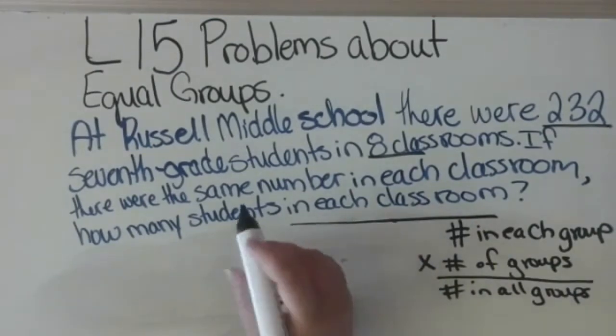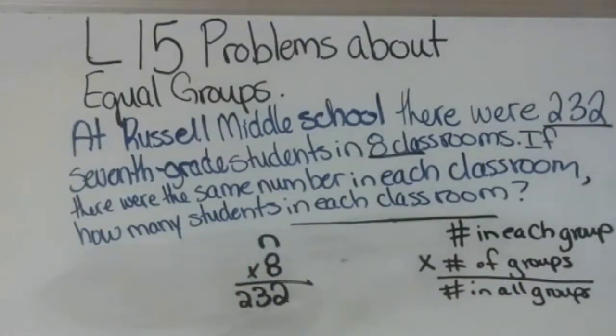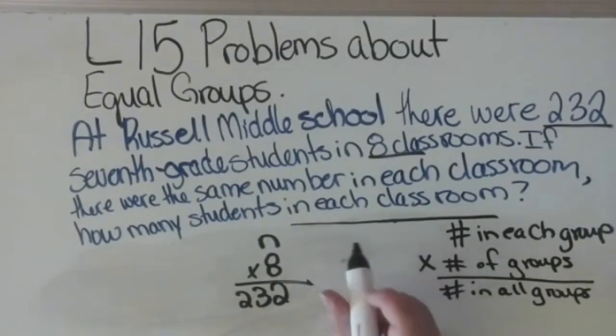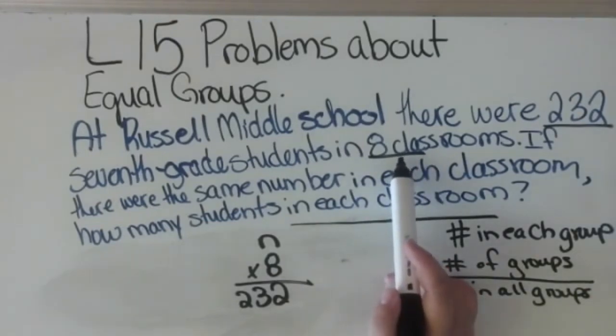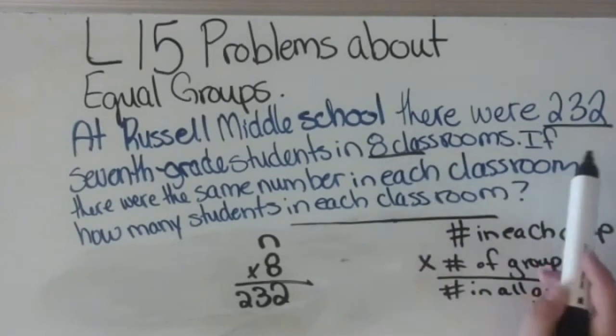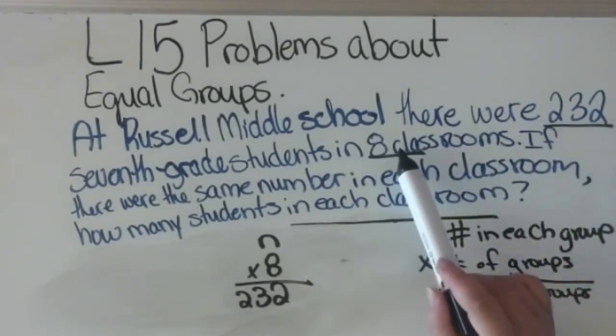What I don't have is this top number, the number in each group. Okay, I don't have n. So as I said before, I noticed right away it was a division problem because I have 8 classrooms and I need to know how many students are in each class, and I have 232 altogether. So I'm splitting 232 equally between each 8 classrooms.